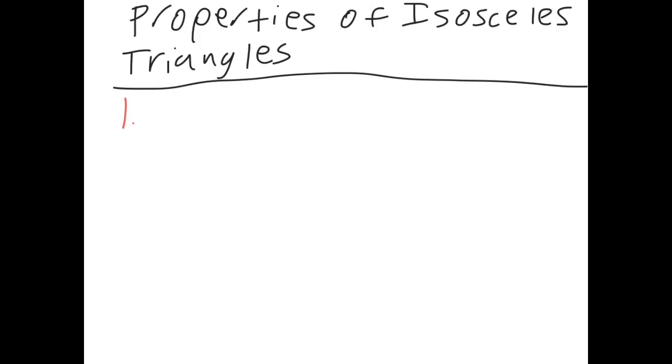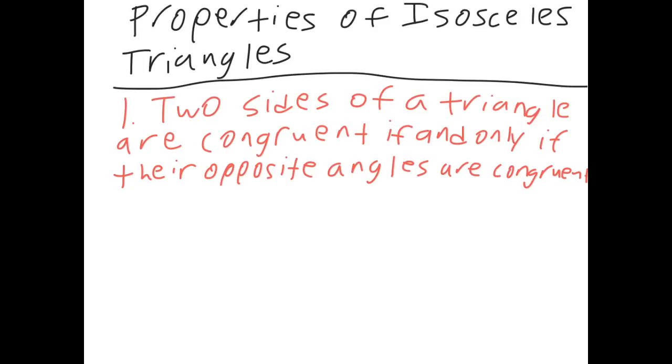Next, we're going to talk about properties of isosceles triangles. First property is two sides of a triangle are congruent if and only if their opposite angles are congruent. Again, here's the if and only if part, so that means it works both forwards and backwards.